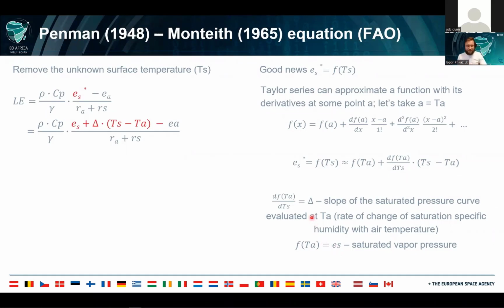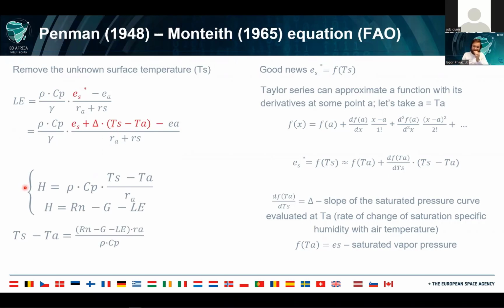But if you listen to me very attentively, you might say, this doesn't look like we got rid of surface temperature because we still need it to compute, right? It is here, TS. Wait a second. We also know that there is heat flux, which depends on the surface temperature, exactly on this difference of surface temperature to air temperature.